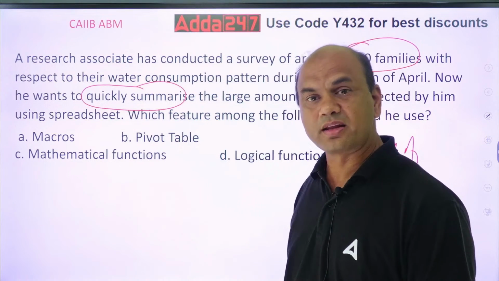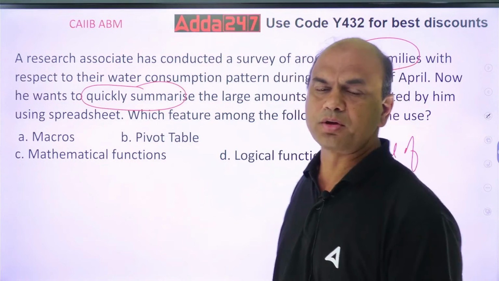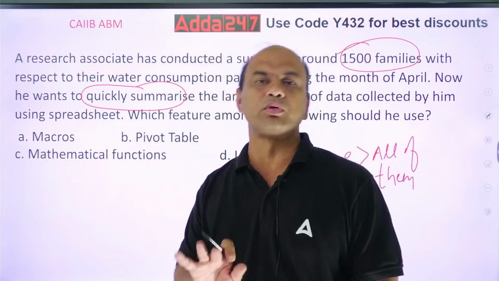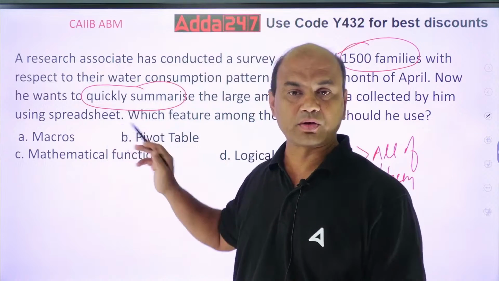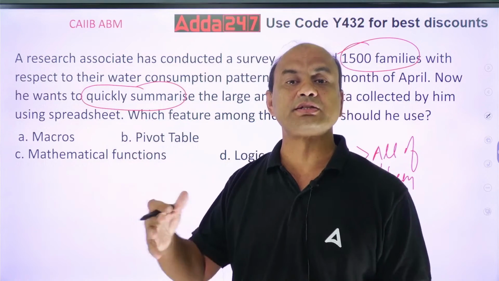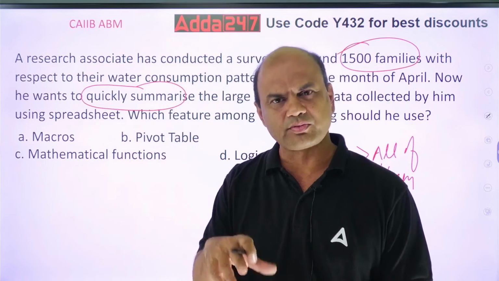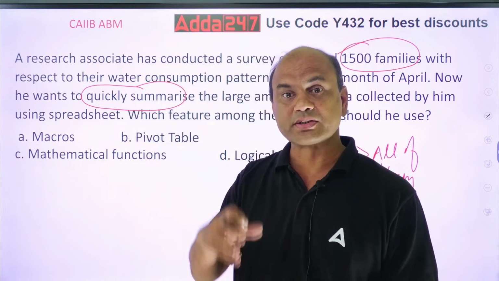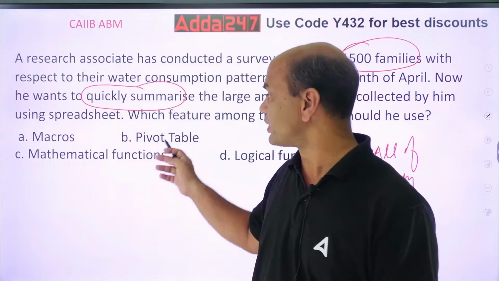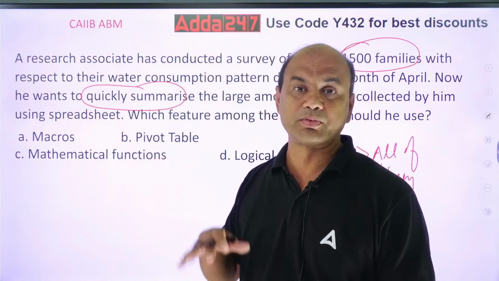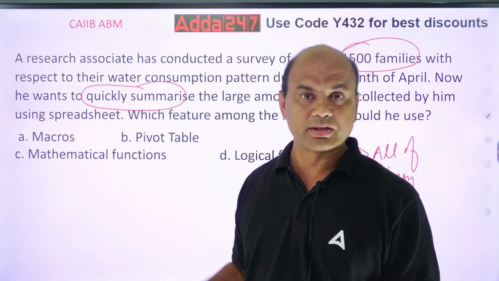In fact, E is the answer, all of them. Because what you will be needing when, you don't know. And all these are important functions. Macros is for repetition. Whenever you have to repeat certain functions or processes constantly, you will use macros. Pivot table is like the benchmark table. This is used everywhere.